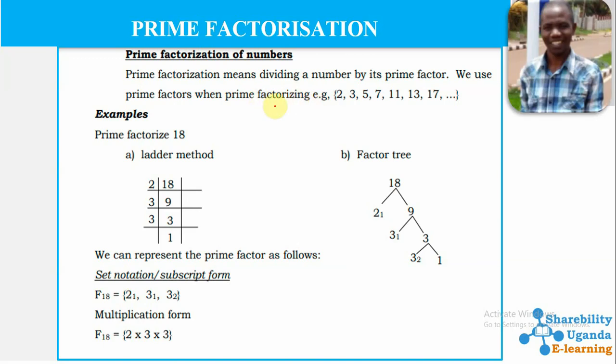When we are looking out for those numbers, they should be numbers that can easily be divided into the given number, like 18. We should not have a remainder. When we divide it, it should give us the exact number.